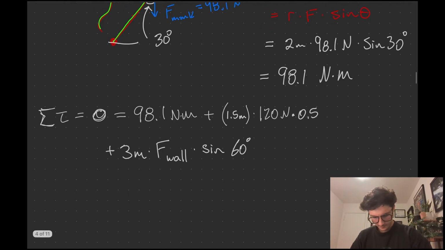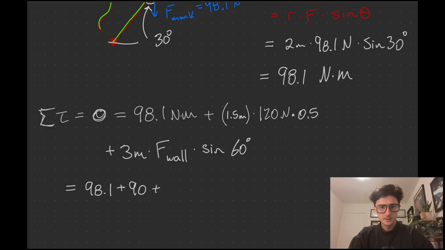Okay, let's plug this all in. Pull up a calculator real quick. So 1.5 times 120 times 0.5 is 98.1, plus 90, plus sine of 60 degrees gives me 0.886.